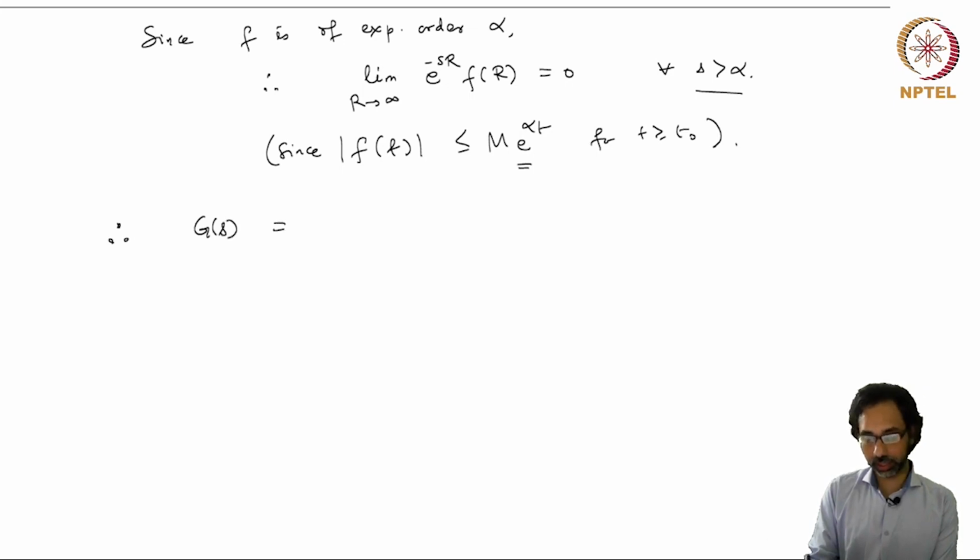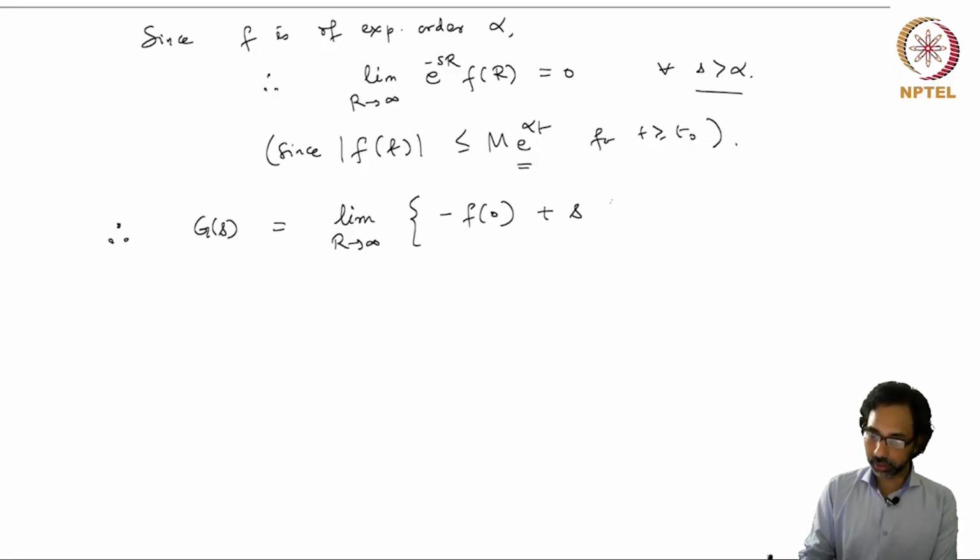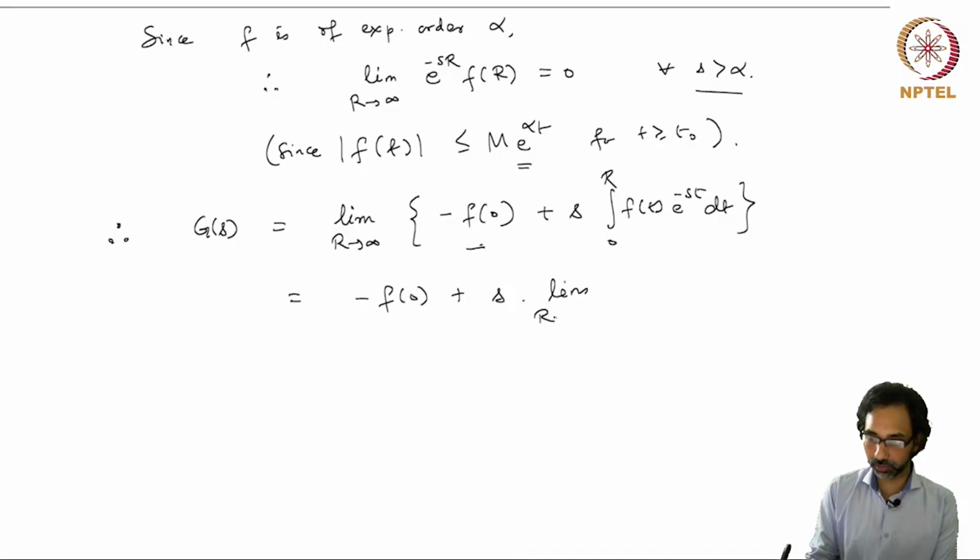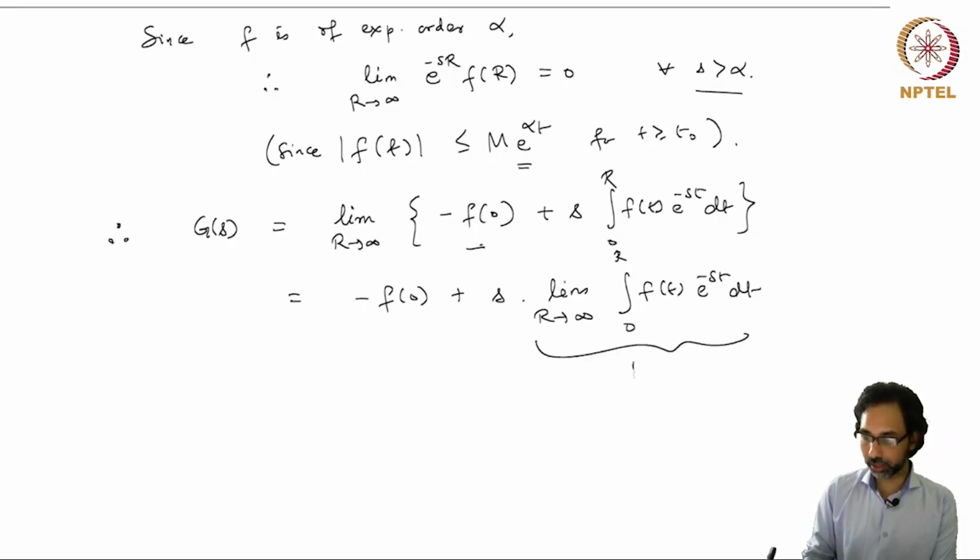So therefore our G(s) is nothing but the limit as R tends to infinity. The first term is minus f(0), and then the second term is s times the integral from 0 to R of f(t) e to the minus st dt, and the first term is constant in R, so this is minus f(0) plus s times the limit as R goes to infinity of the integral from 0 to R of f(t) e to the minus st dt, and now note that this is nothing but F(s).